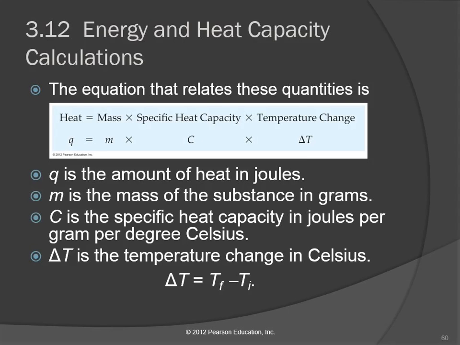The stove can only put out so much heat. So we see that it takes longer for more water because the mass of the water is greater. If you have a larger piece of substance that you're trying to heat up, it makes sense that it's going to take more energy, right?